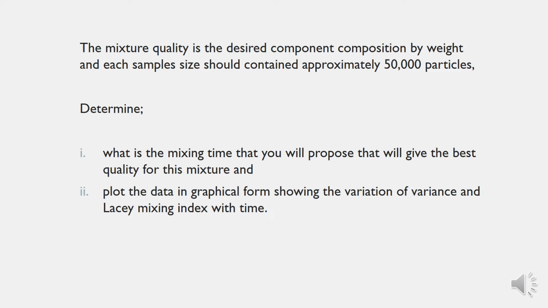We mentioned last time that when you have a user, you should know the scale of scrutiny for each mixture that the consumer wants to use. In this case, the question asks us to determine the best time to complete this mixing process. We are also going to plot the graph for the mixing index with time, as well as the variance with time.